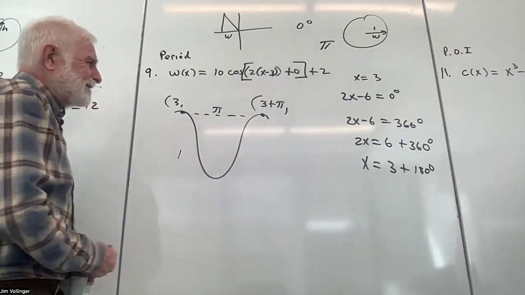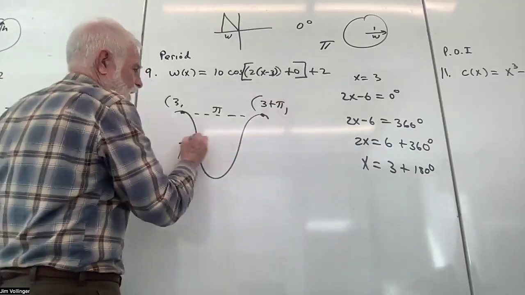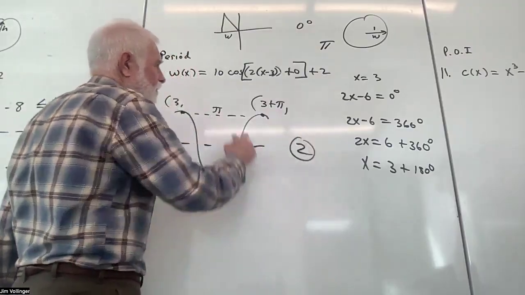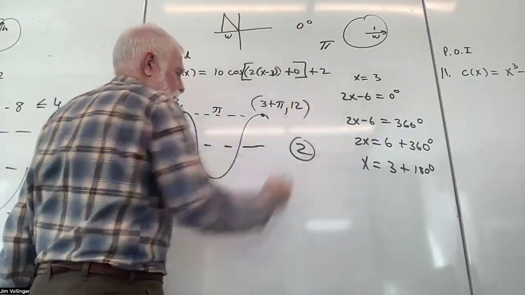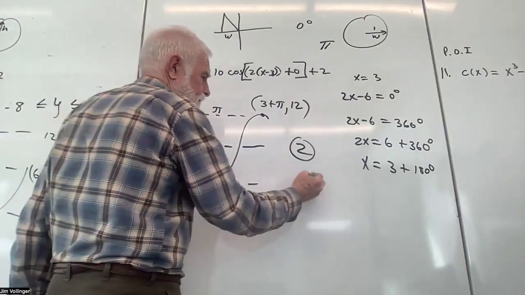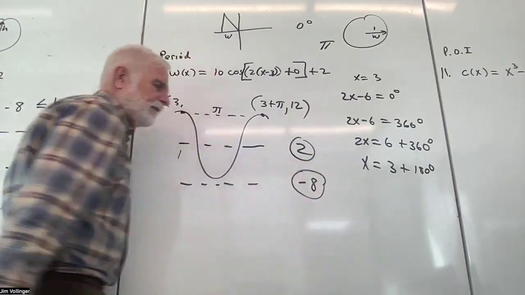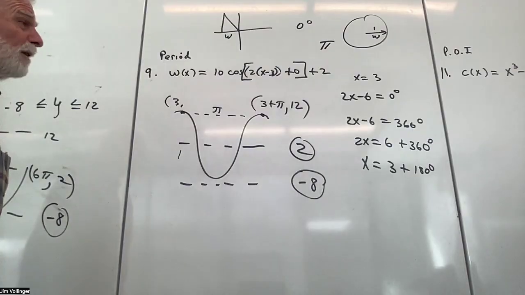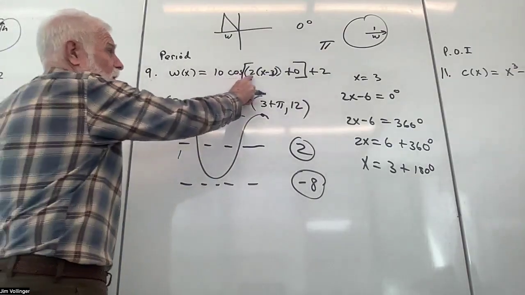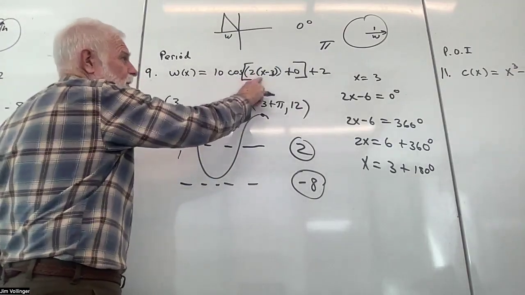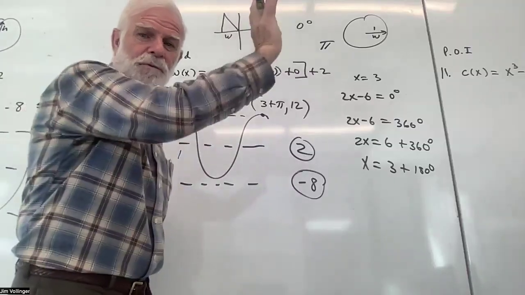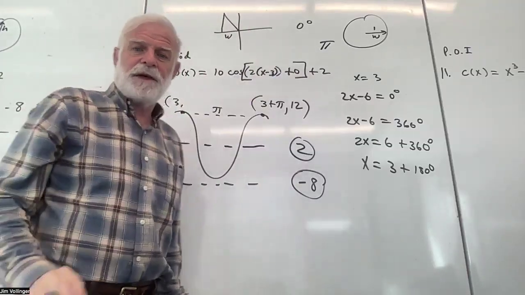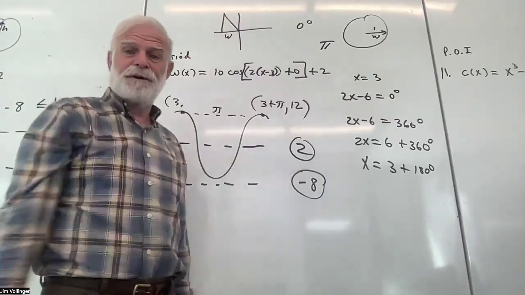All right, so what is the height? The midline is 2. That hasn't changed. I'm still going up 10 and going down 10. So the range is no different. Okay, but the period has changed. If the linear function is going up at a 2-to-1 ratio, then that means you're running around that circle faster than I am.